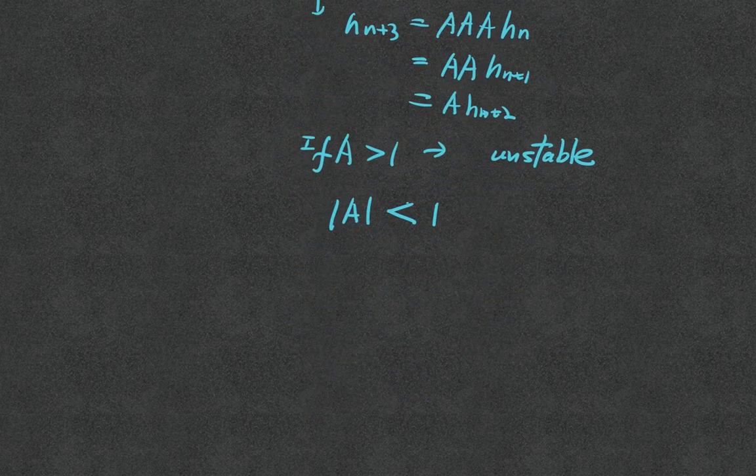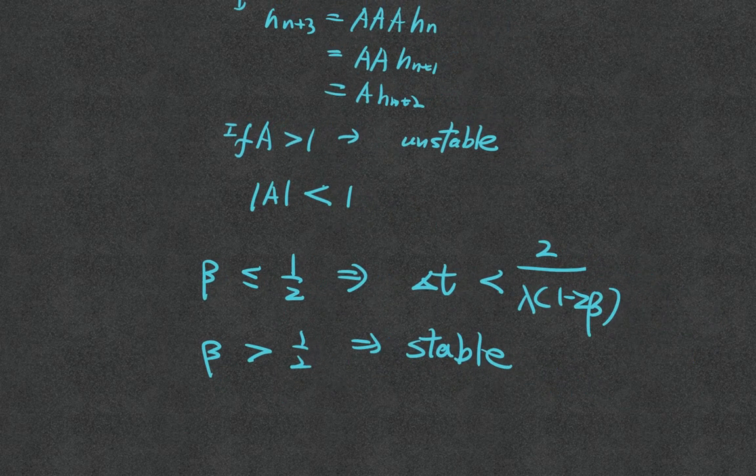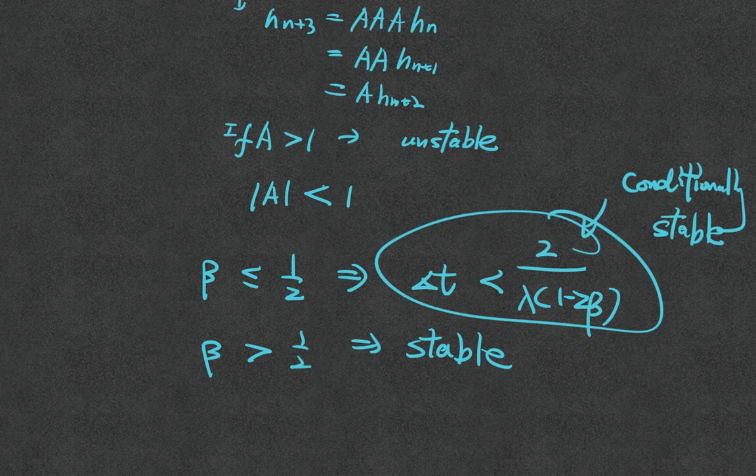What happens is that with beta smaller than or equal to 1/2, delta t has to be smaller than 2 divided by lambda (1 minus 2 beta). So beta greater than 1/2 is stable. For beta smaller than 1/2, delta t must be smaller than this value in order to be conditionally stable.